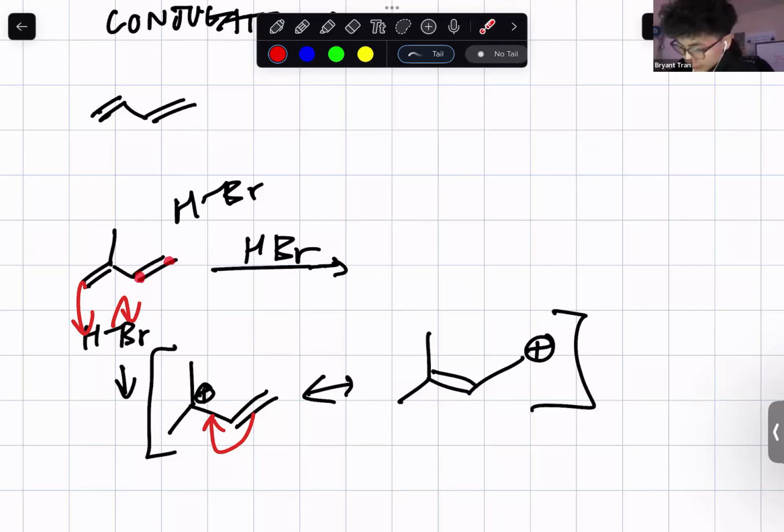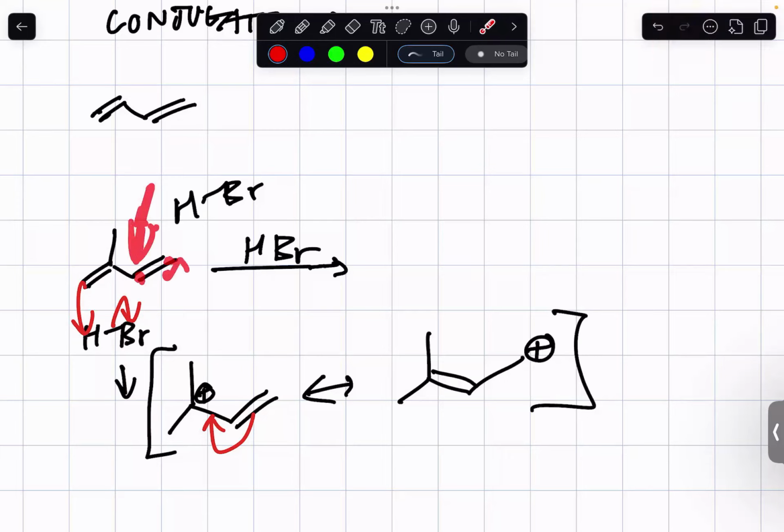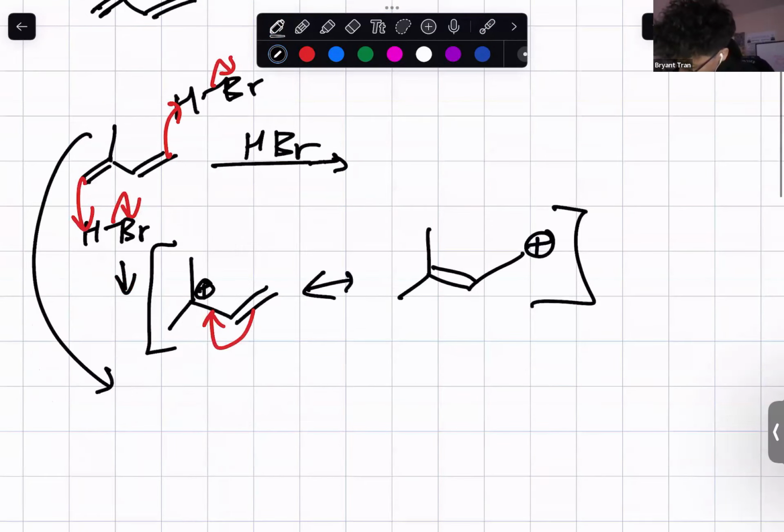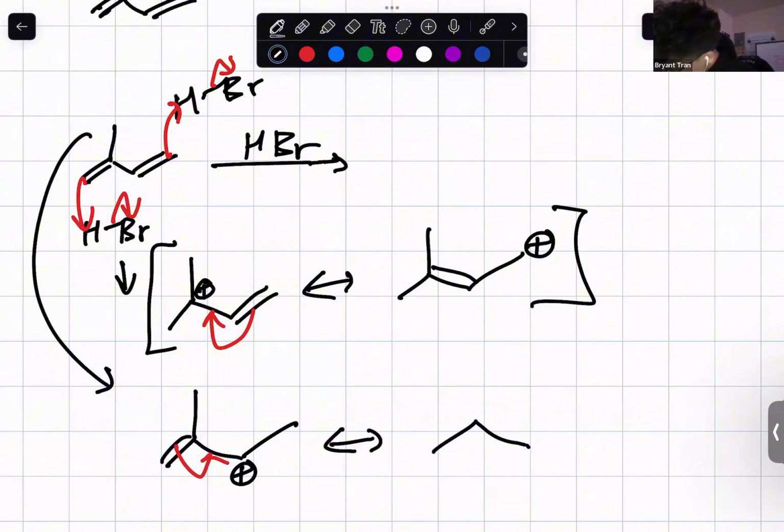This carbocation would be more stable than the carbocation over here, because this carbon is more substituted and allylic as well. So this carbon gets protonated, kicking that out to give me this carbocation. Once I have this, I can shift this double bond over to give me this resonance structure.